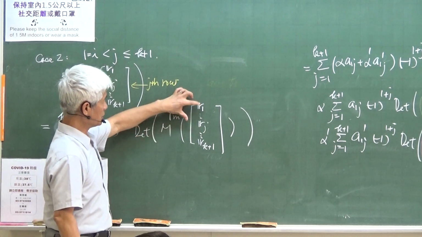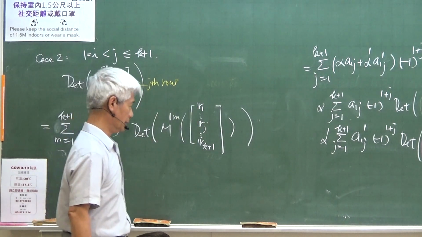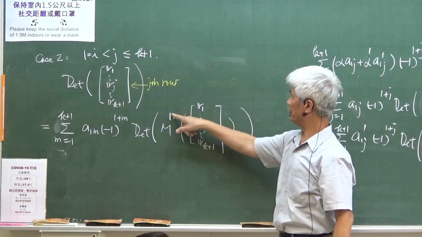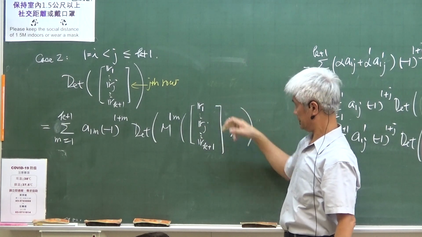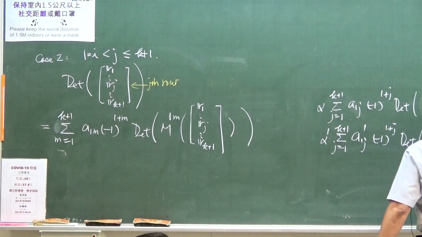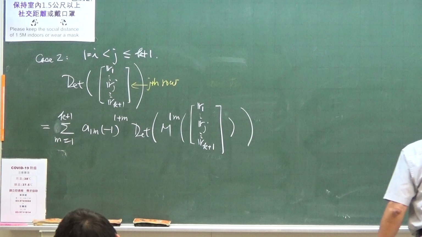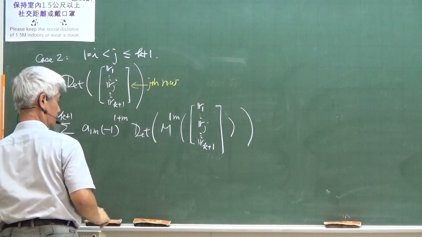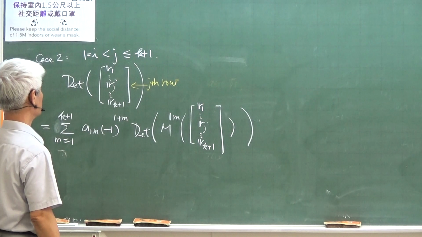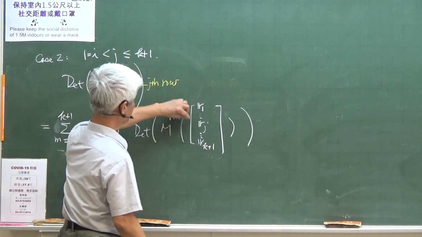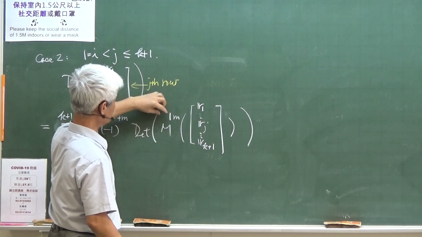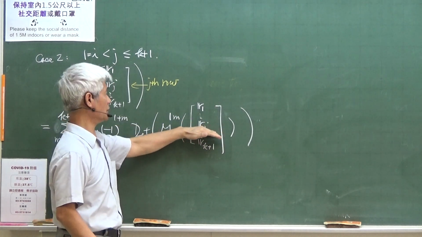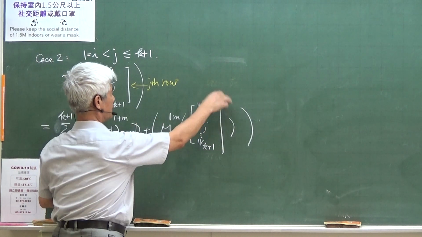Now, if we exchange the first row and the jth row, and then take out the first row, we will remove the whole Rj, because we change them to there.